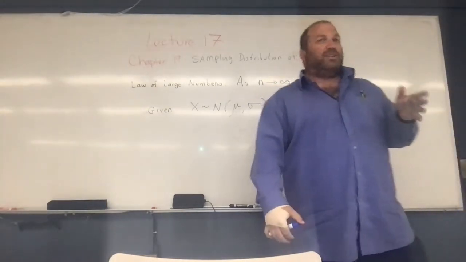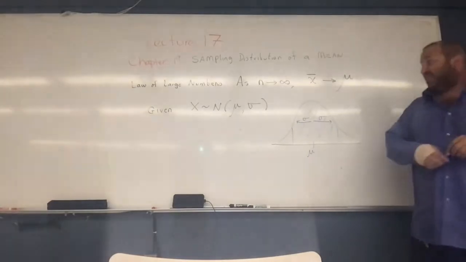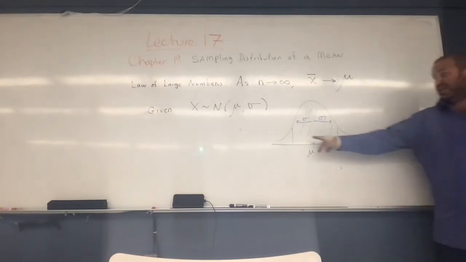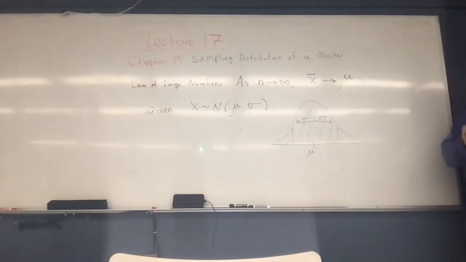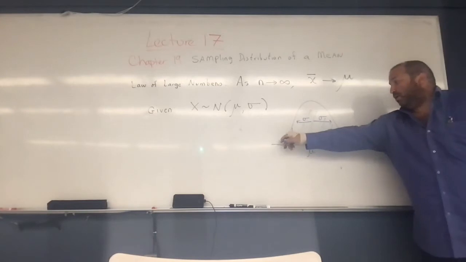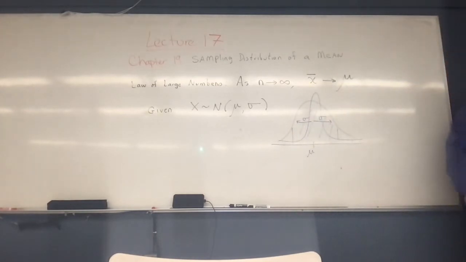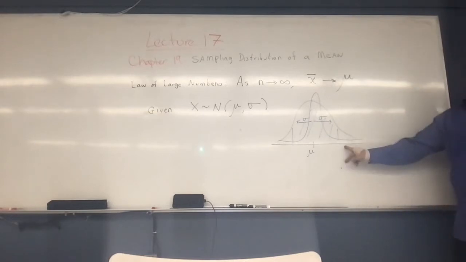Okay, so the point is that the reason why it's so shocking is because while 6'4" might appear here on a regular normal curve, if I do instead the average of 100 people, let's say, then 6'4" is in the same location. But how many sigmas out is it now?